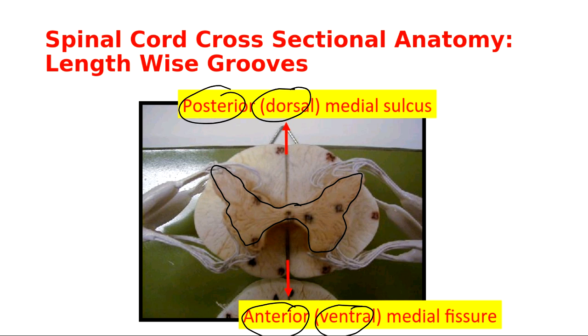The white matter is surrounding the gray matter, and it folds into a sulcus posteriorly, making the posterior median sulcus. And anteriorly, it falls into a deeper fold, a more pronounced separation, called a fissure. This is the anterior median fissure.